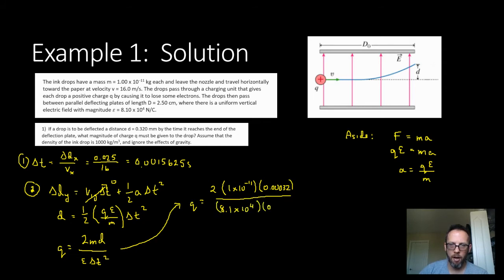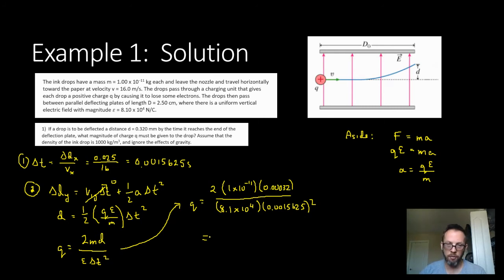And we found the time that the drop is traveling in there to be about 0.0056 seconds. So we have everything we need. Let's find this charge. 0.00032 times 2 times 1 times 10 to the minus 11, divided by 8.1 times 10 to the 4 times 0.0015625 squared equals.